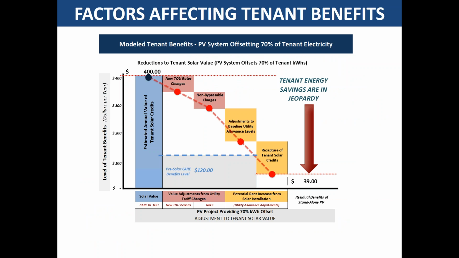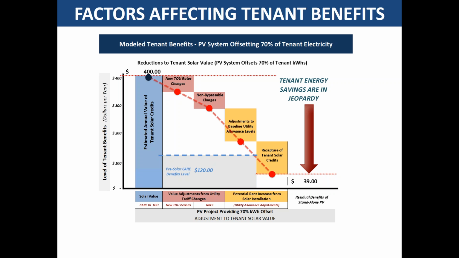So in the next two charts, what we're looking at are factors that affect tenant benefits broadly. In addition to the utility tariff-related reductions, which are shown in the red bars on the right, housing policies also affect tenant benefits, and those housing policy effects are shown in the yellow bars on the left.